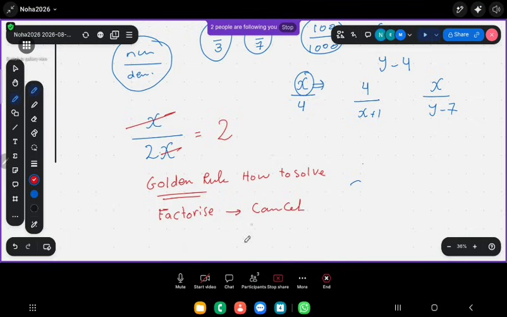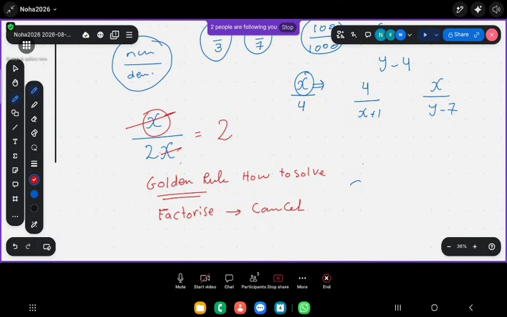If you factorize and cancel, you finished your question, but on one condition: you have to factorize fully and you have to cancel any common thing up and down. Any problem here? So why can't I factorize here? Because it's an individual term. If it was an individual term, can I factorize? No, I can't.